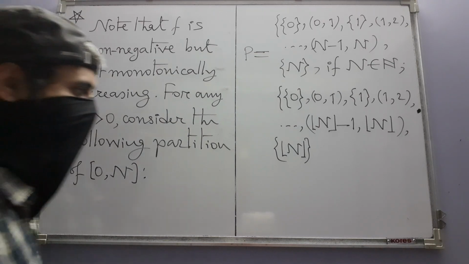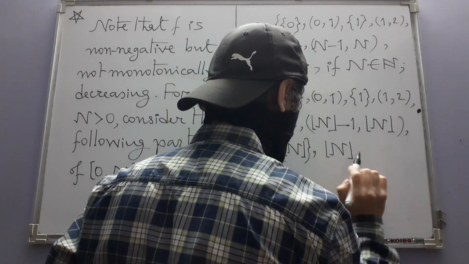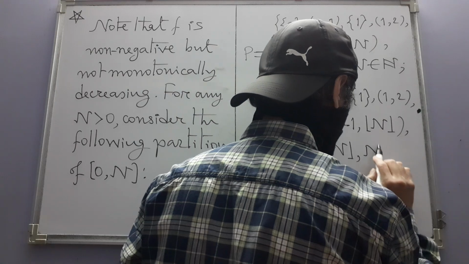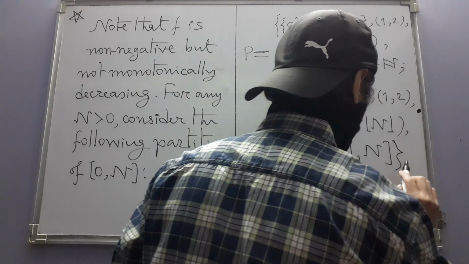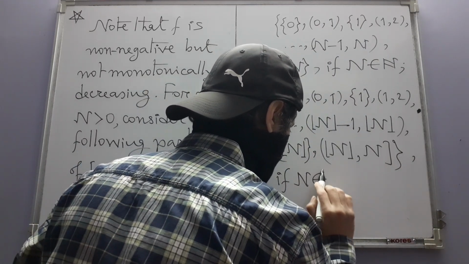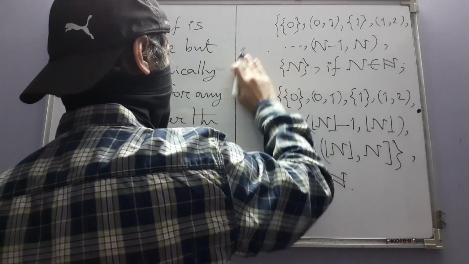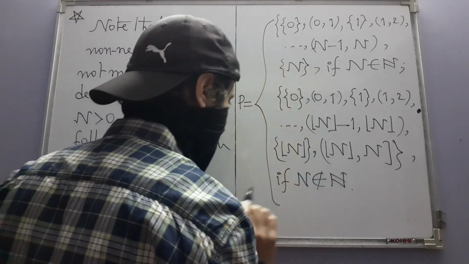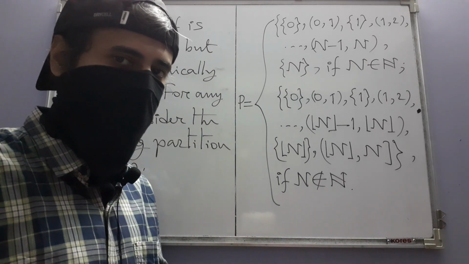Yes, and then after that also there is some room left for more points, and that's where you have open interval floor n, n. This side is closed. If n is not a natural number. Okay, so this, I should perhaps write P here. This is our partition. It looks quite complicated, but from the figure it becomes clear what we are writing.